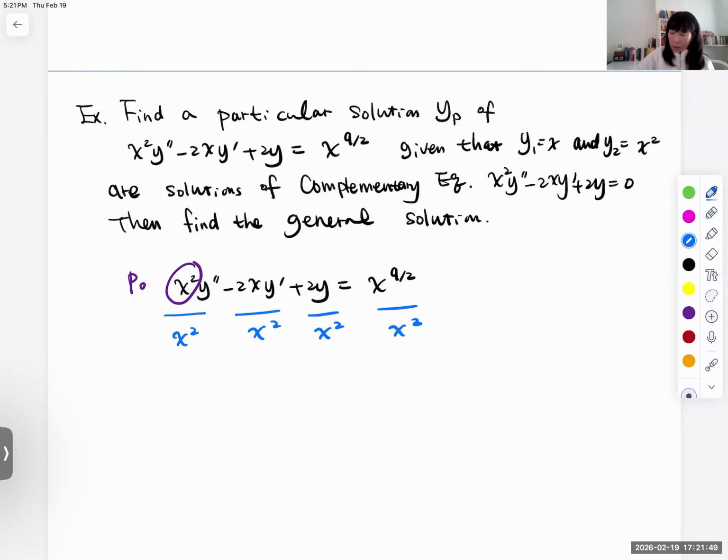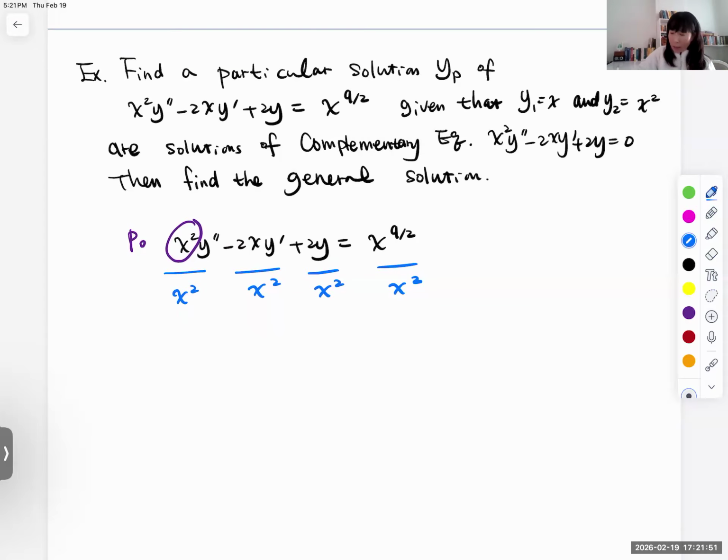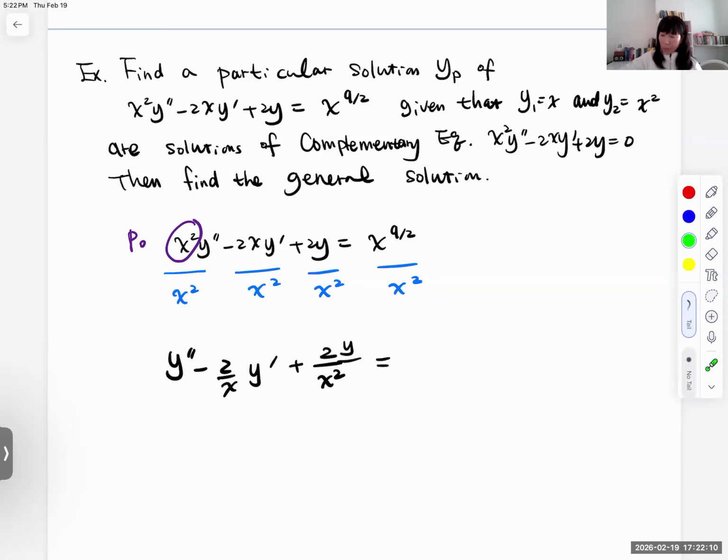Okay, then that will be y double prime minus 2 over x y prime plus 2 over x squared y equal to 9 over 2 minus 2, 2 times 2, so it's a 4, 5 over 2, right?